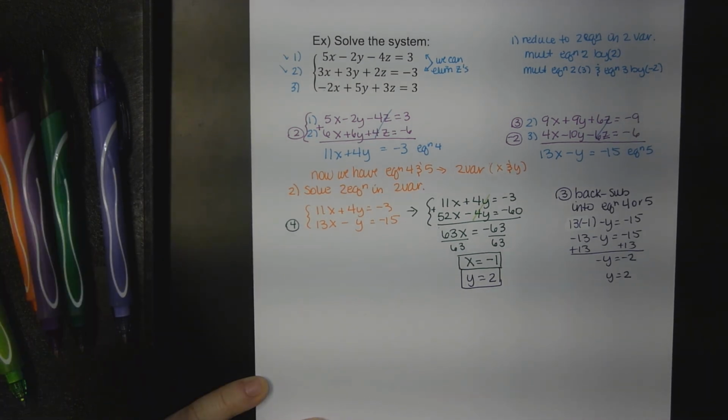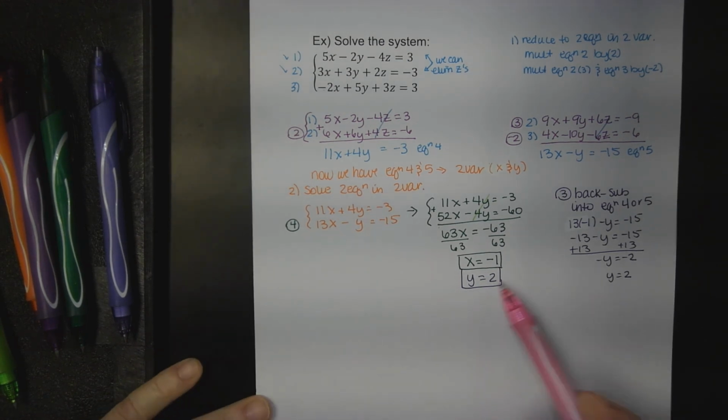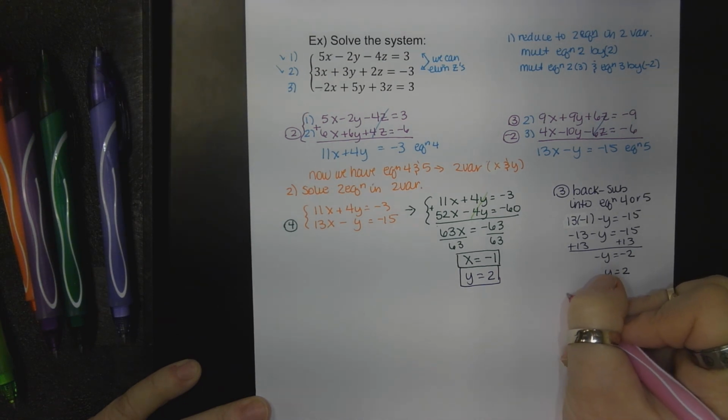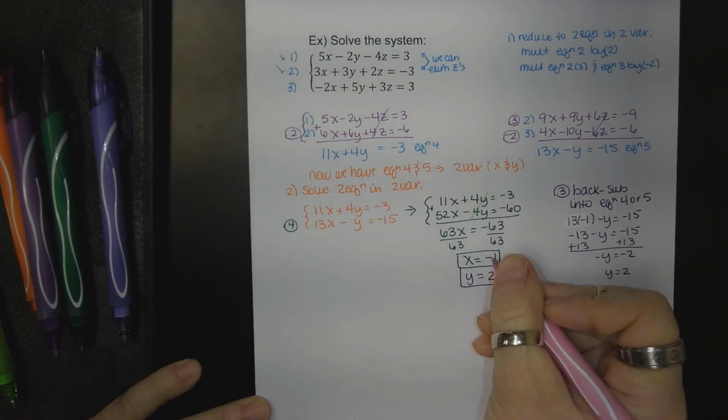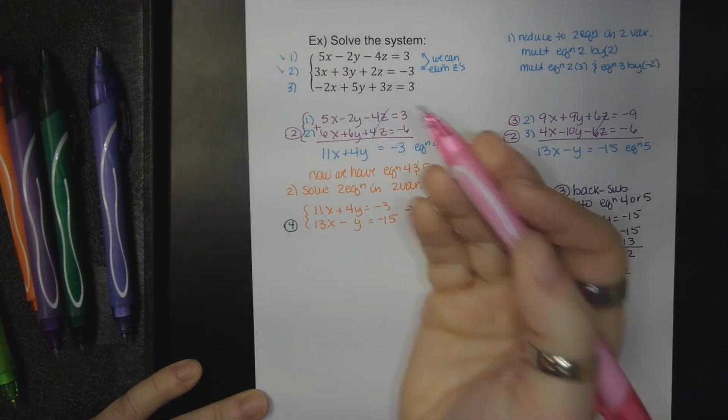So we have 2 of our 3 variables, right? Now all we need to solve for is z. So our fourth step is we're going to plug these two into one of the originals, okay?